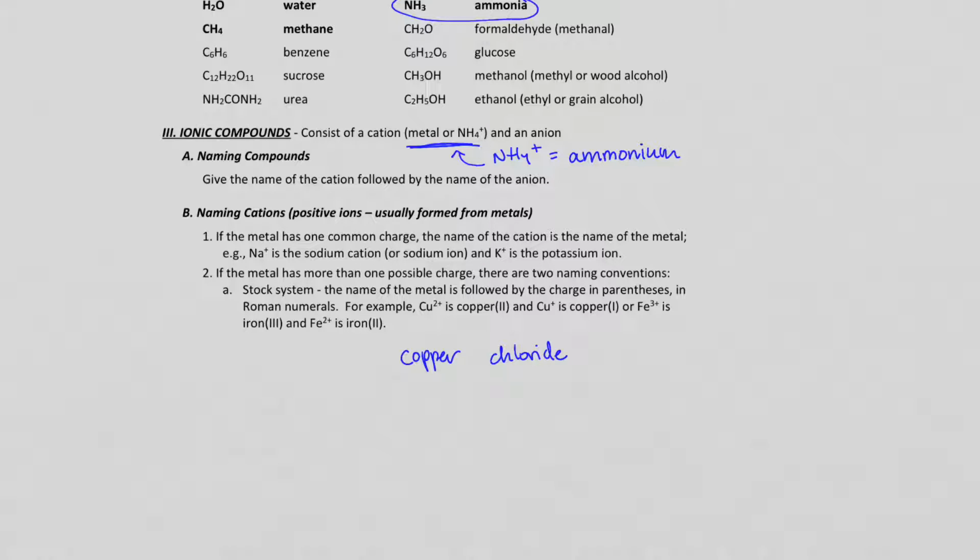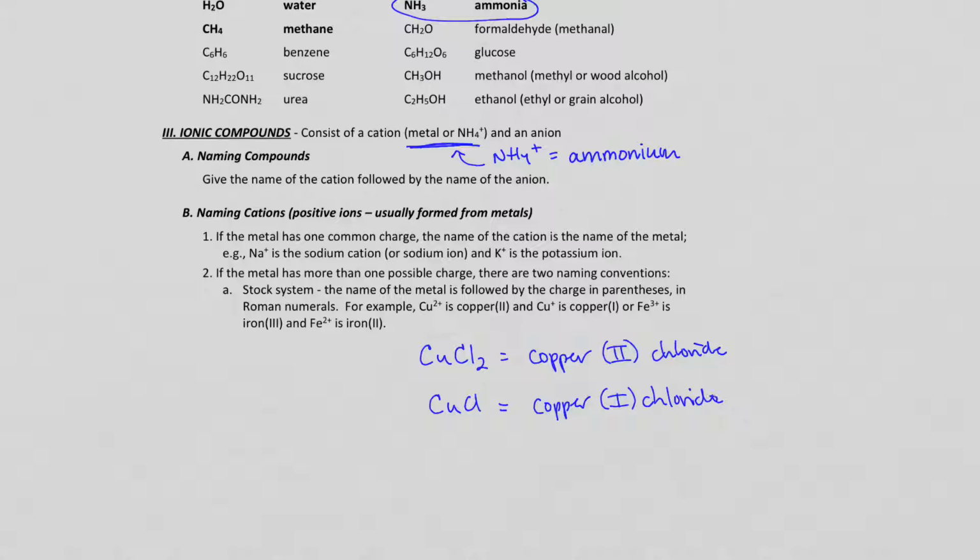So if we had, let's erase this. If we had CuCl2, we would know it's copper(II) chloride, right? If we had CuCl, it'd be copper(I) chloride, right?